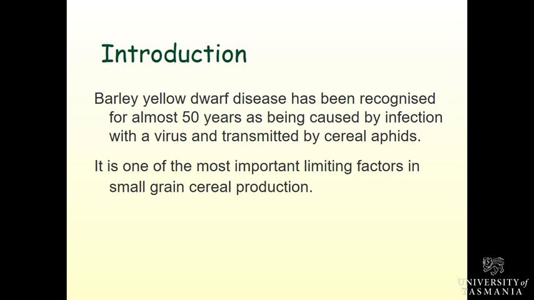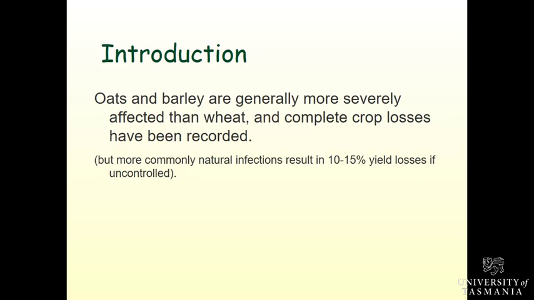transmitted by cereal aphids. And it really is one of the most important diseases, if not the most important disease of cereal grain production. Particularly nasty in oats and barley, more so than wheat. Wheat is less affected, but oats and barley tend to be quite severely affected.